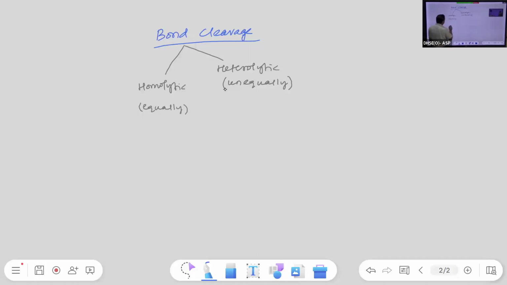Okay. In homolytic cleavage, suppose we are taking ethane. If the cleavage takes place, then the shared pair of electron is moving one to each of the bonded atom. Here, if it is heterolytic cleavage, then the shared pair of electron will move towards one of the bonded atoms.